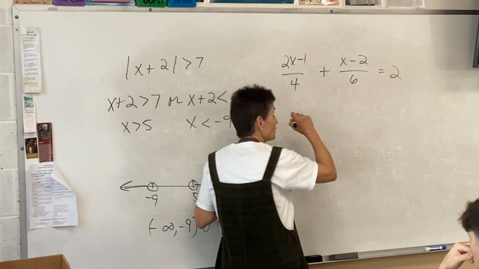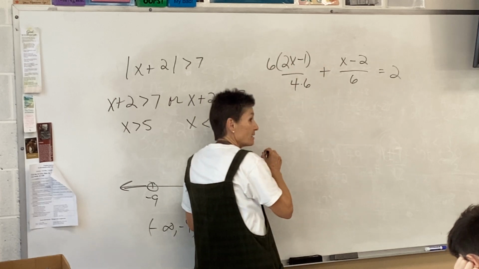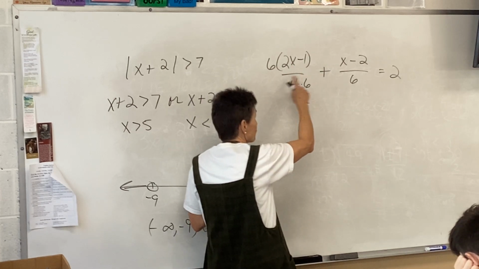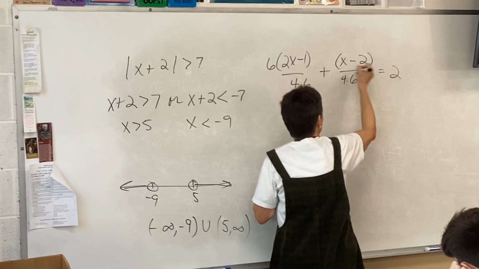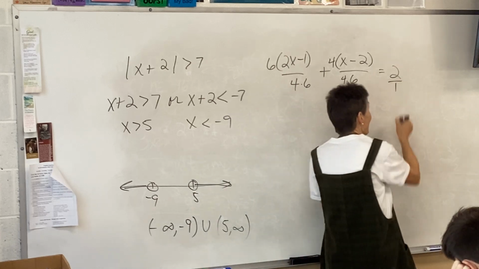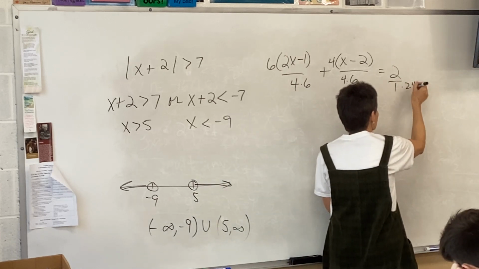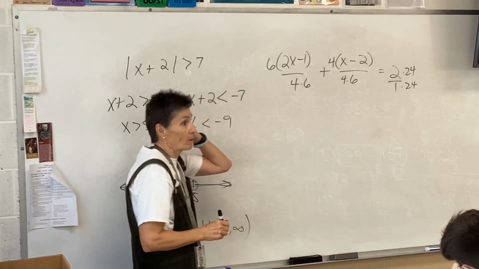So if you're going to change them into 24s, you're going to times this one by 6, and that's going to be a distributive. You're going to multiply this one by 4, and that's going to be a distributive. And then we're not going to forget that this also has to be a 24, so we're going to multiply him by 24.